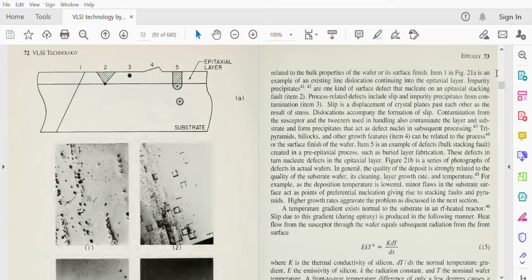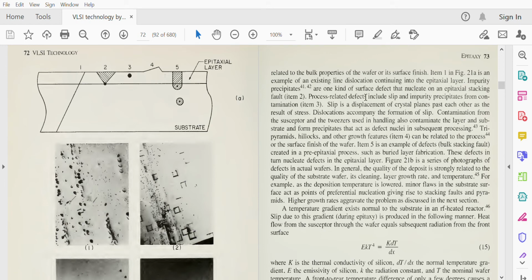Item 1 in figure 21A is an example of an existing line dislocation continuing into the epitaxial layer. This is the epitaxial layer and this is the discontinuation which is shown. Okay, these are the discontinuations. Impurity precipitates are one kind of surface defect that nucleate on an epitaxial stacking fault.